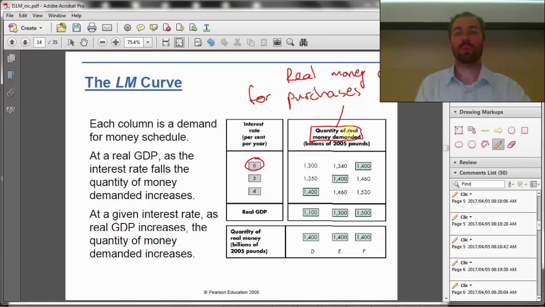That is what we use the money for. If the interest rate is going down, remember from our money market discussion, if the interest rate goes down, why does the quantity of money demanded go up?